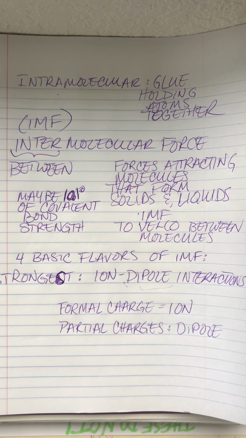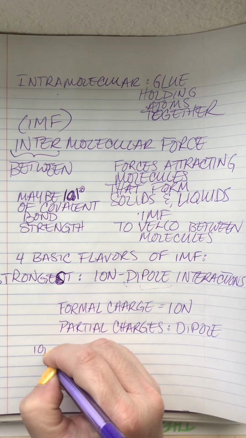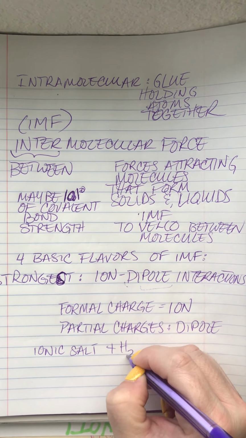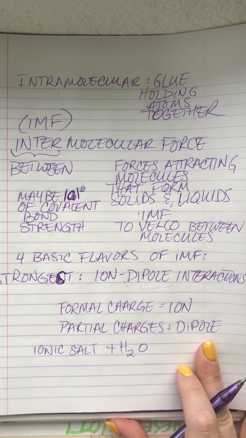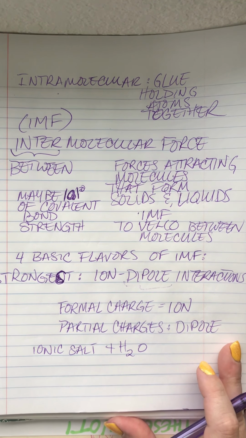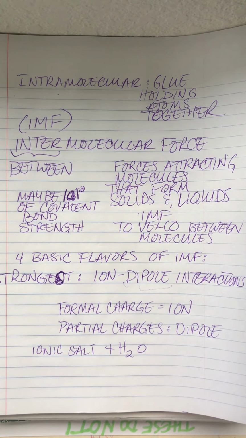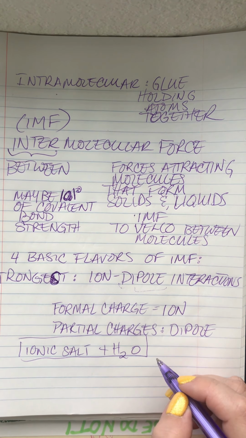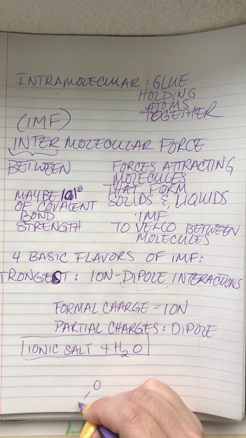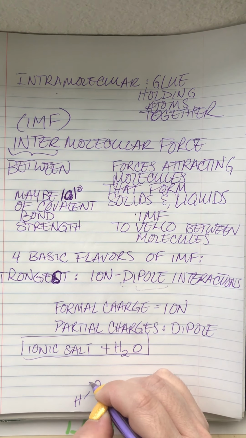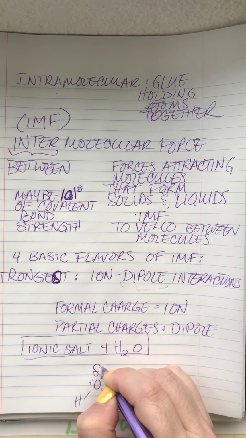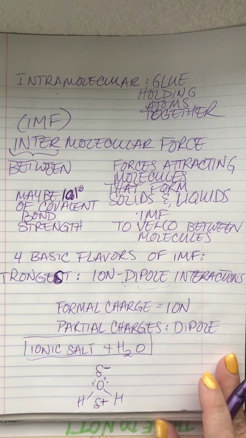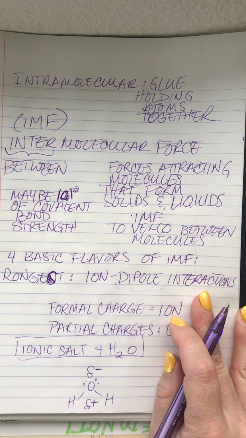Okay. So, when you have an ionic salt and you put it in water, right? You guys remember we talked about this a million years ago in chapter 4? We said that the way that an ionic salt is dissolved in water is because the water molecule has that partially negative oxygen and a partially positive hydrogen zone, right?